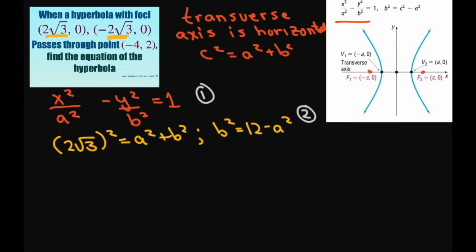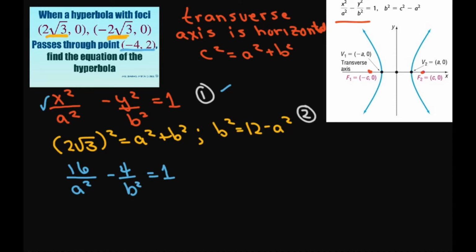All right, next, since this equation passes through this point, -4, 2, we're going to substitute in our x and our y into equation 1. That would give me 16 divided by a squared minus 4 divided by b squared equals 1.